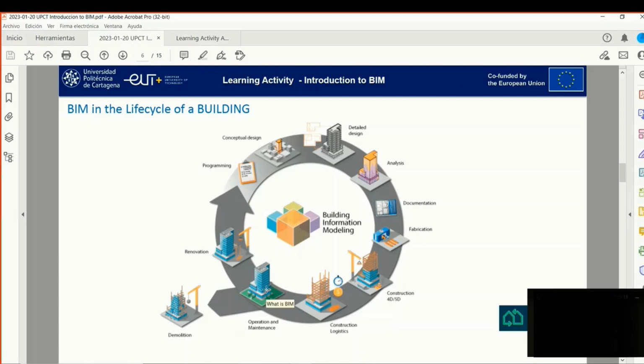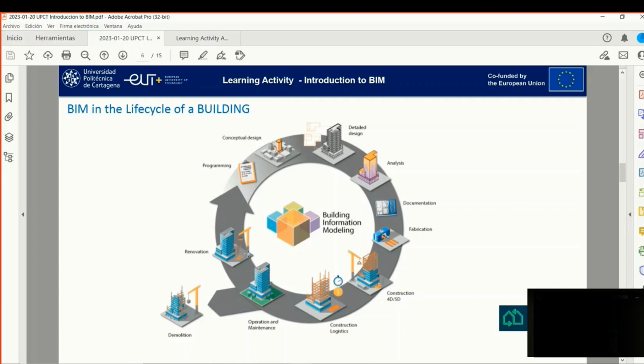A BIM model can also be a place where we store the information of all the parts of a building, with the information about the trademark or who produced each thing, in order to maintain or repair or change this part of the building at any moment of the life of the building.